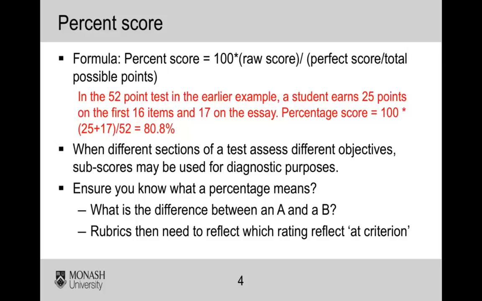If it's a good test or assessment task, you're going to see a spread. In a normal class, and this is not always the case, sometimes you do have a very bright class, but usually you want an assessment task that can show a distribution of scores and a variety of different scores.